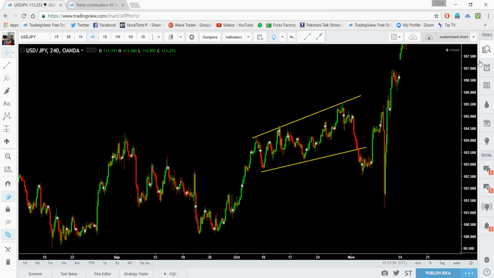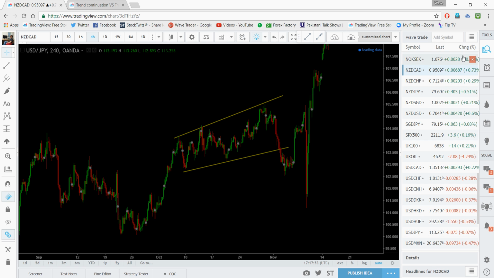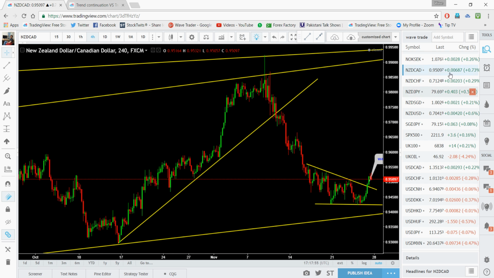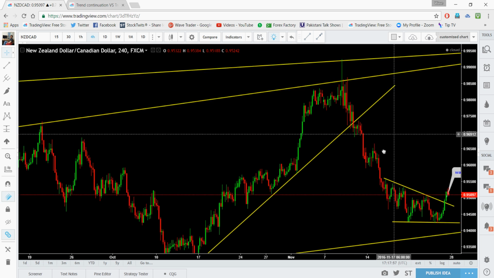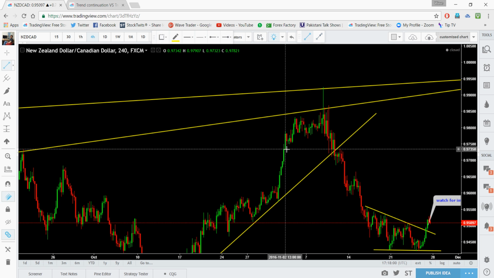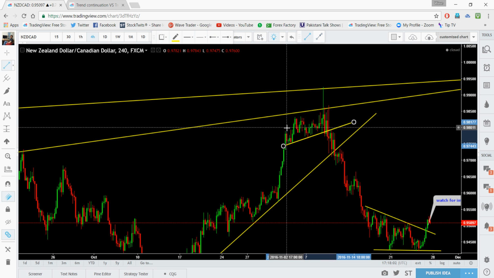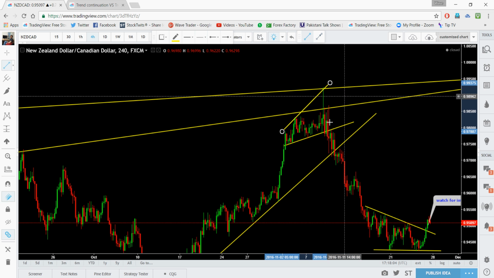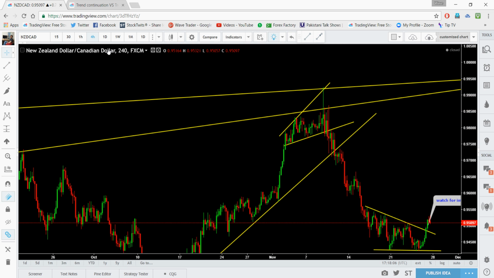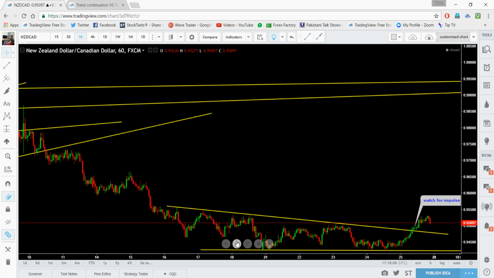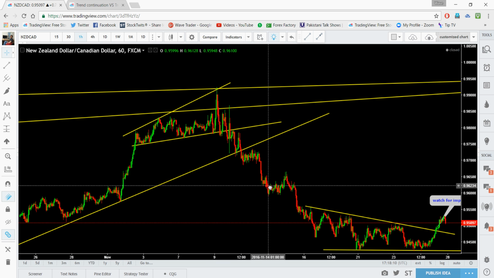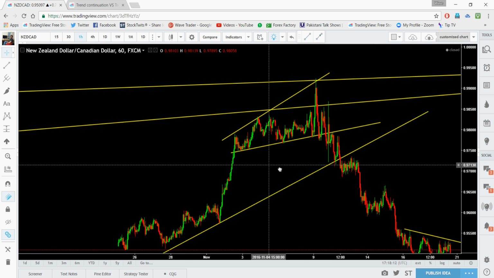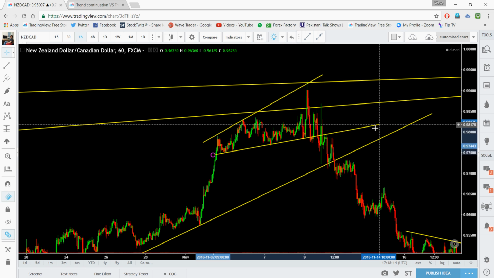Now let's look at the New Zealand and CAD. Here is the pattern when it was forming. If I look at the 1 hour time frame, it's going to be much clearer to look at the behavior of the price.